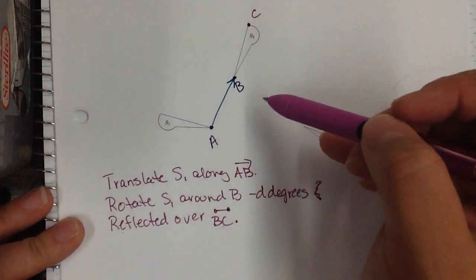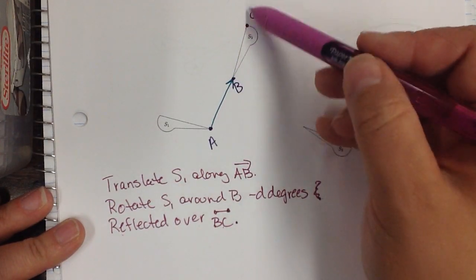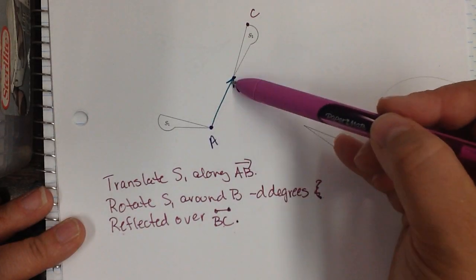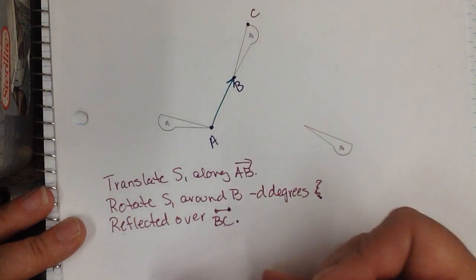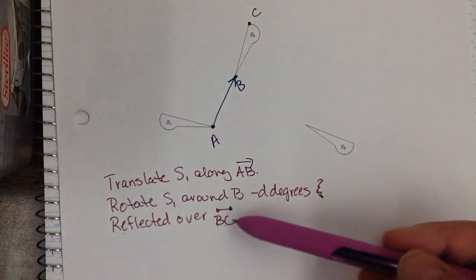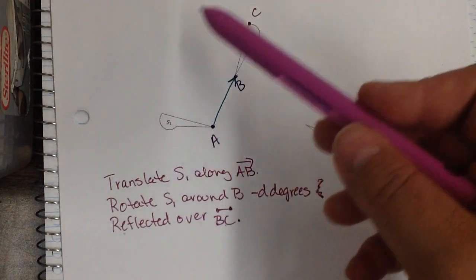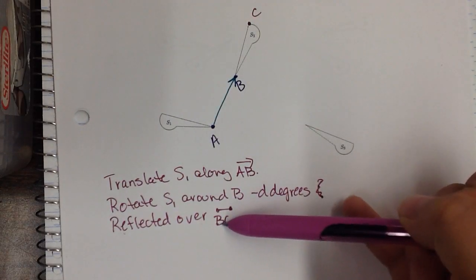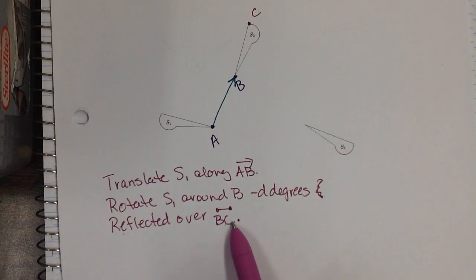So if it doesn't have a line with a name on it, name it, and then use it, just like I did here. Put your own labels on it and describe it. Because if you put your own labels and describe it, and I can see what you wrote and how you labeled it, then I can walk through your steps. But if you don't have 2 points to say it reflected over a line, then it's not going to be fully correct.